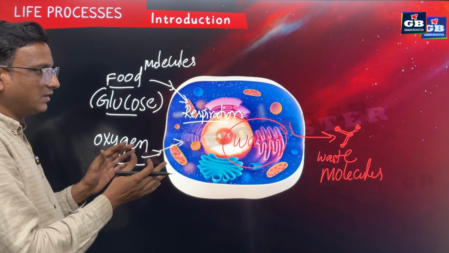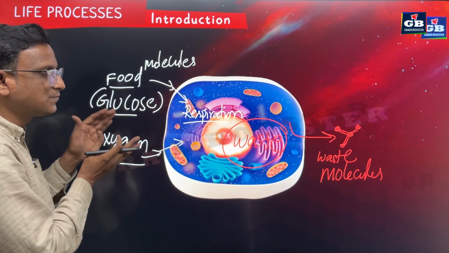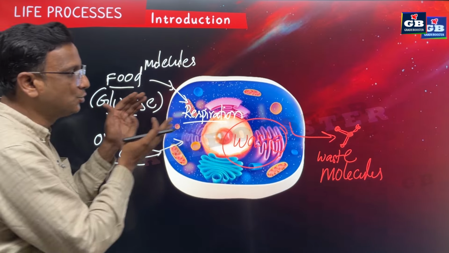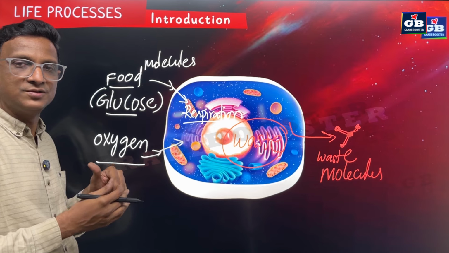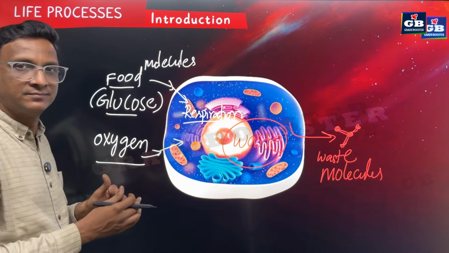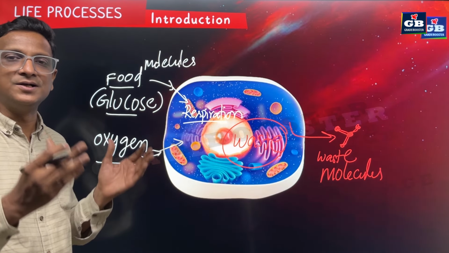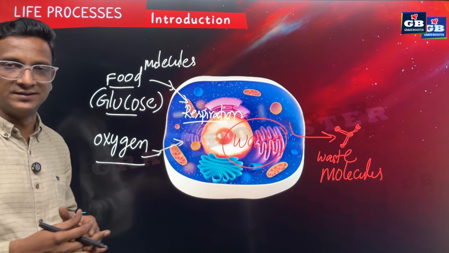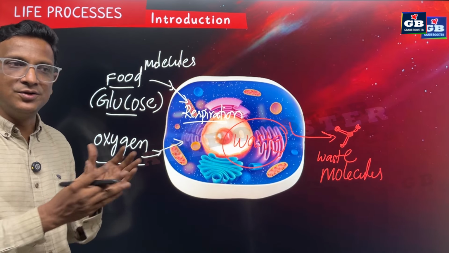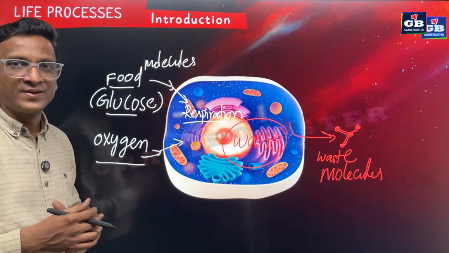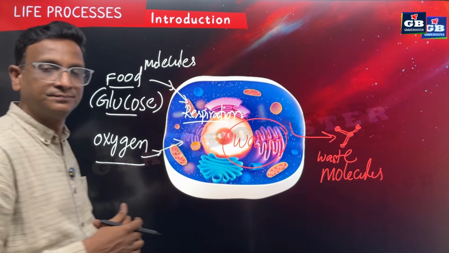If we see this, we can understand that there is a continuous movement of molecules into the cell and out of the cell. Molecules should keep on entering the cell and exiting the cell. Cells need a continuous supply of food and oxygen if it is an aerobic organism. So a cell needs a continuous supply of molecules, and a cell should get rid of waste molecules.